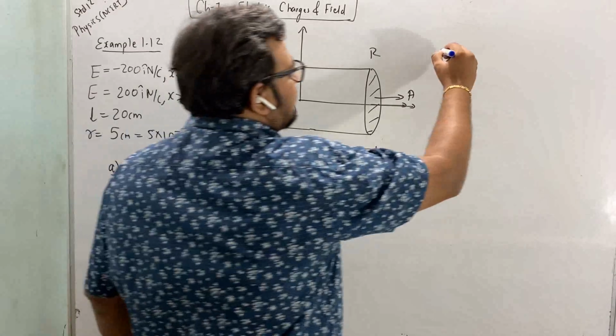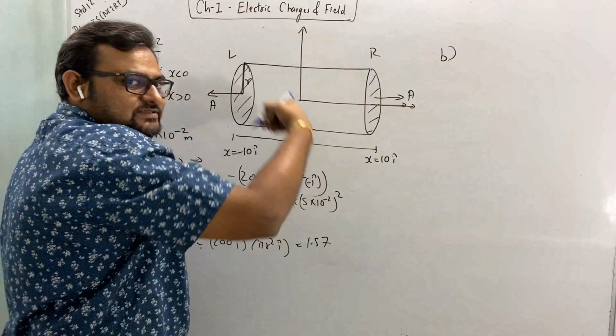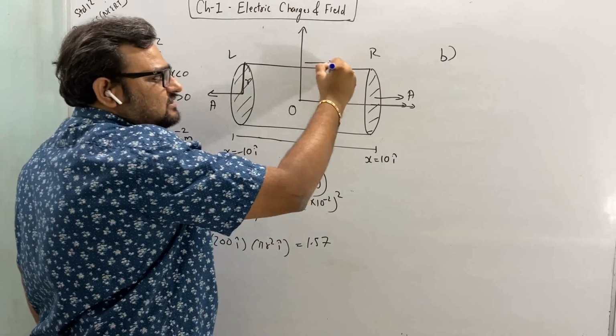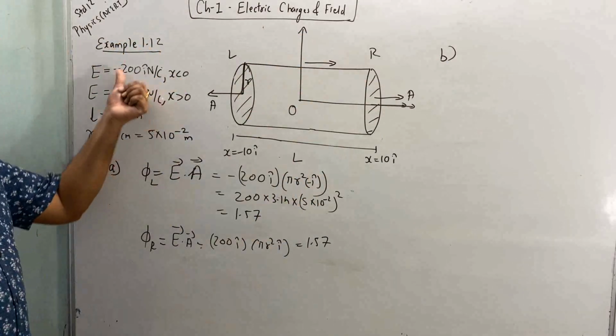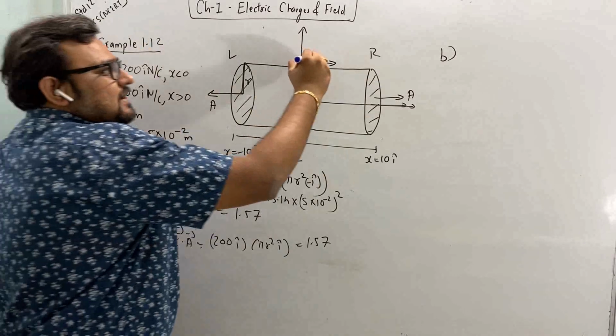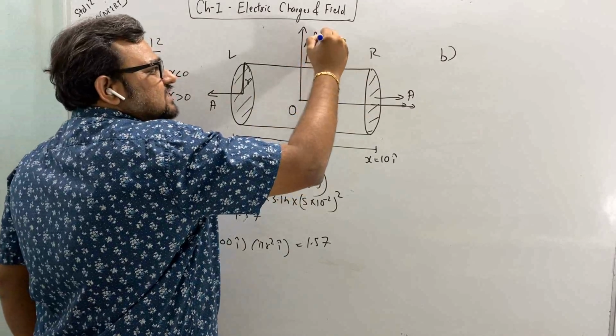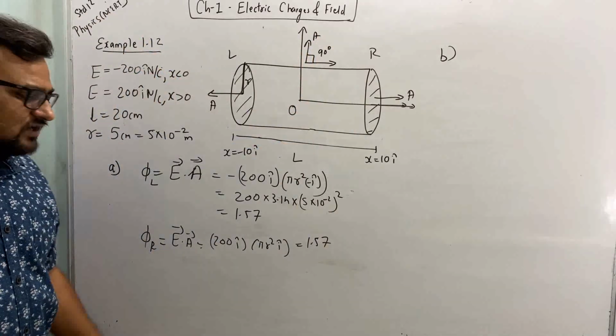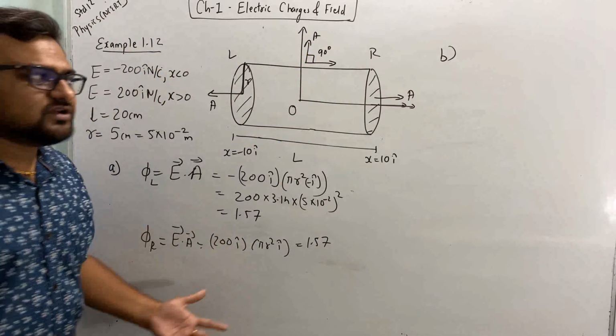Now question B, on the sides. The electric field is in the plus i, minus i direction, and the surface area is in this direction, so it makes an angle of 90 degrees. So flux EA cos 90 will be equal to 0.